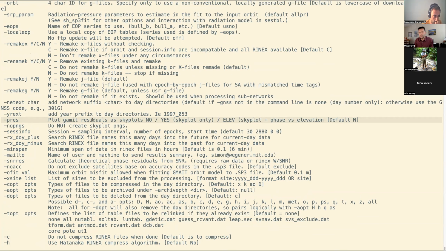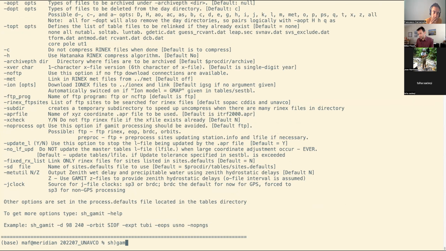Plot GAMIT residuals, phase residuals as sky plots, no or yes, or do the sky plots plus the phase versus elevation. And if you want to do the sky plot and the elevation residuals, you need to have elev as the option. So it would be sh_gamit, all of your normal options, and then -pres elev.